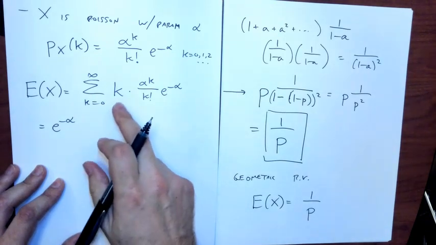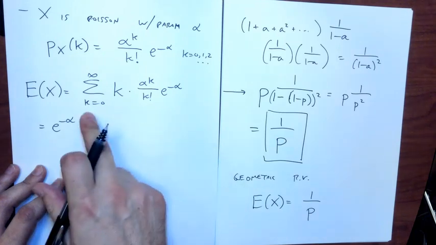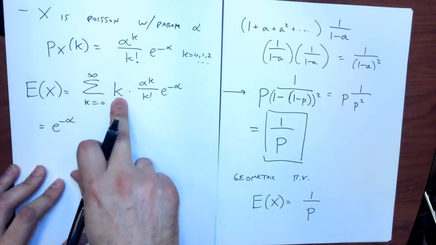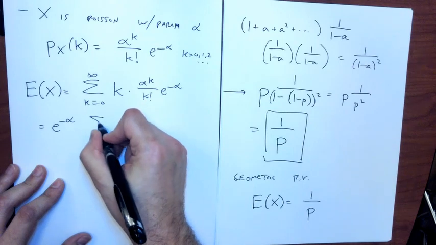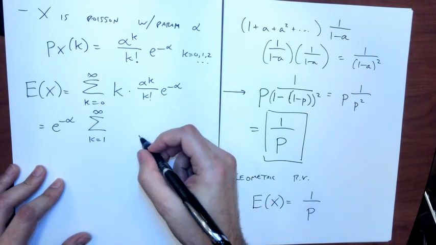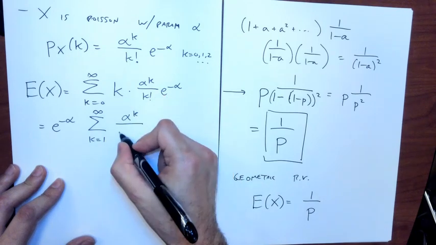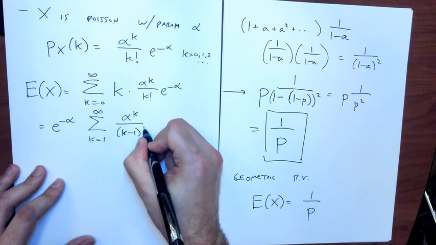I can see that the k equals 0 term doesn't really matter because it's being multiplied by 0, so I'm going to renumber my sum to go from 1 to infinity. And then I have basically alpha to the k, and then this k cancels with this k over here to give me k minus 1 factorial.